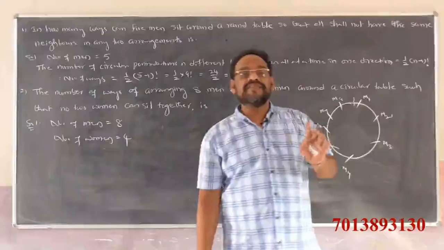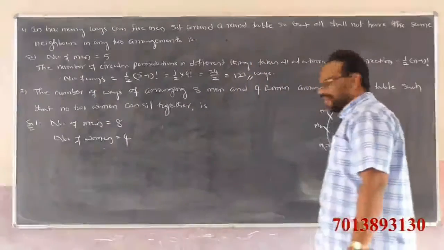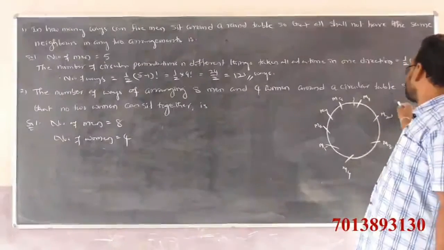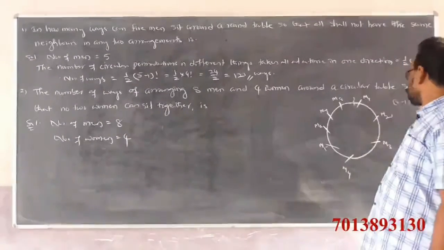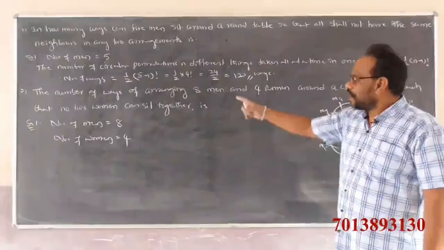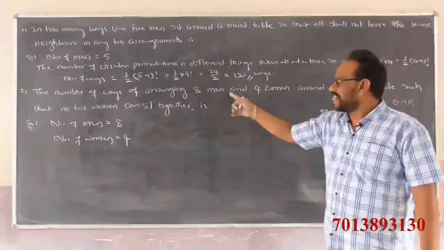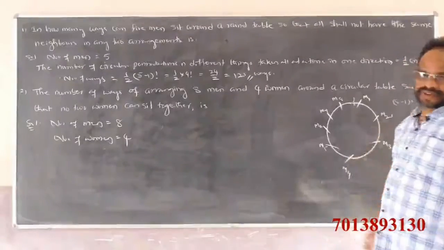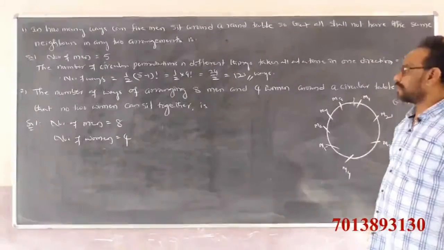In how many ways can we arrange the 8 men in circular permutations? Clearly, 8 minus 1 factorial.